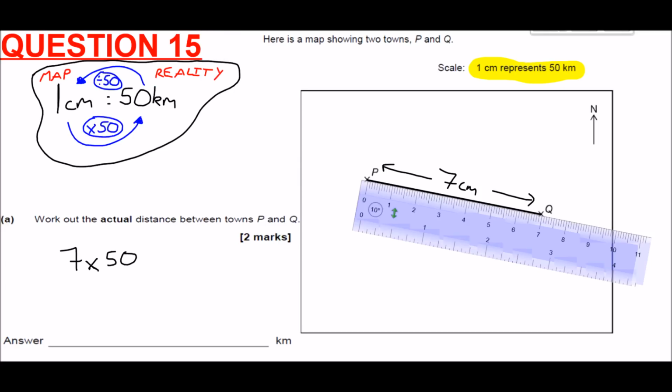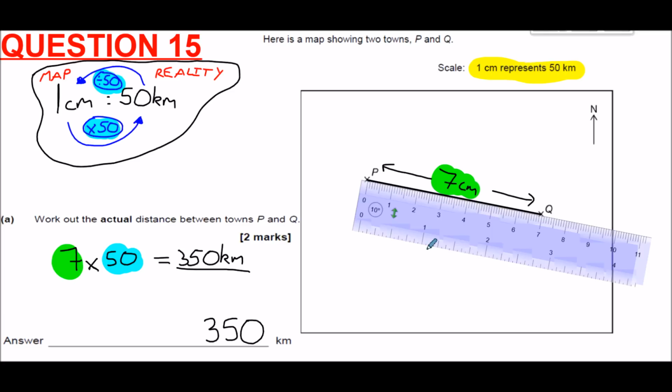And so we measured 7 centimetres, and the conversion factor, like we mentioned before, is 50. And so what we're going to do is 7 centimetres multiplied by 50, and that's going to give us somewhere in the region of 350 kilometres. Your answer should be very similar to this, unless, as I say, your map's been significantly resized, but ask your teacher if you're not sure.